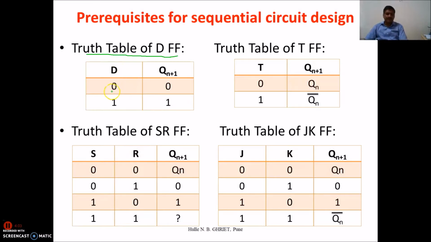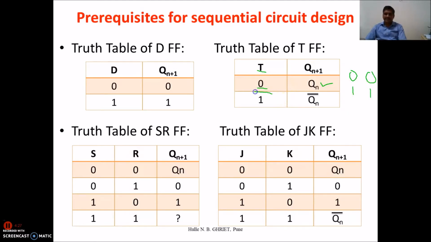Now here, the D flip-flop is the delay flip-flop. Whenever input is 0, output will be 0. Whenever input is 1, output is also 1, but it is delayed by some time duration. Similarly, for the T flip-flop, whenever we have a 0 input, in that particular case it is Qn, means whatever the previous state is, that is maintained. If the previous state is 0, then the next state will be 0. If the previous state is 1, then the next state will be 1.